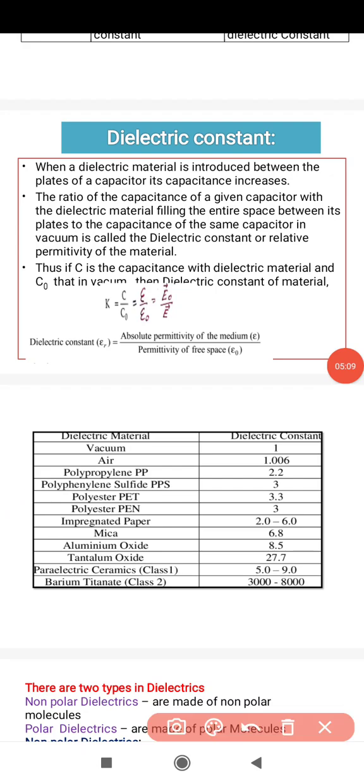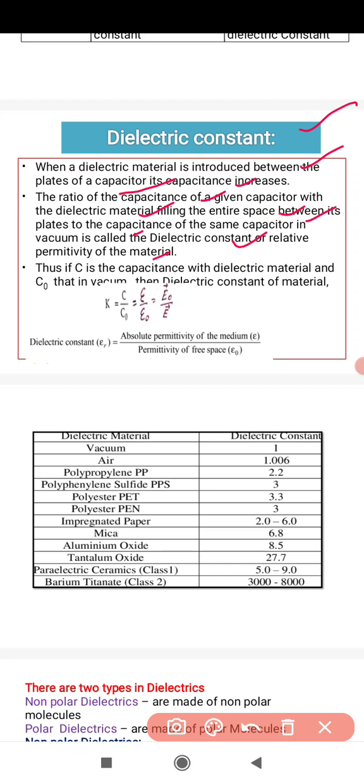So now we see what the dielectric constant is. When a dielectric material is introduced between the plates of a capacitor, its capacitance increases. The ratio of the capacitance of the given capacitor with a dielectric material filling the entire space between the plates to the capacitance of the same capacitor in vacuum is called the dielectric constant or relative permittivity of the material.